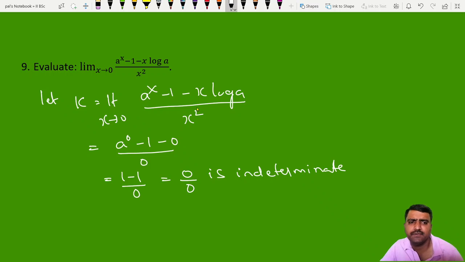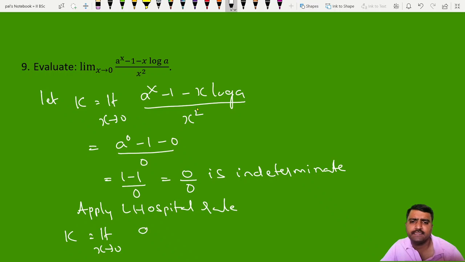It takes indeterminate form. So then you apply L'Hospital rule. If you apply L'Hospital rule to this, then k is equal to limit x tends to 0.